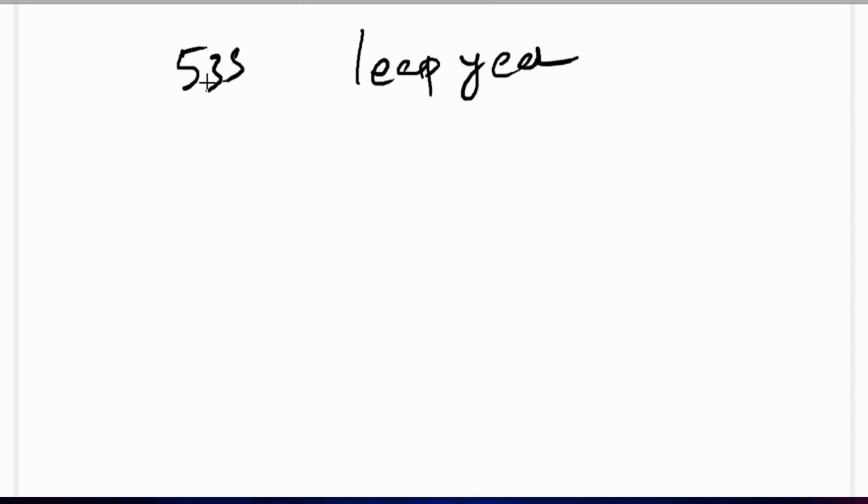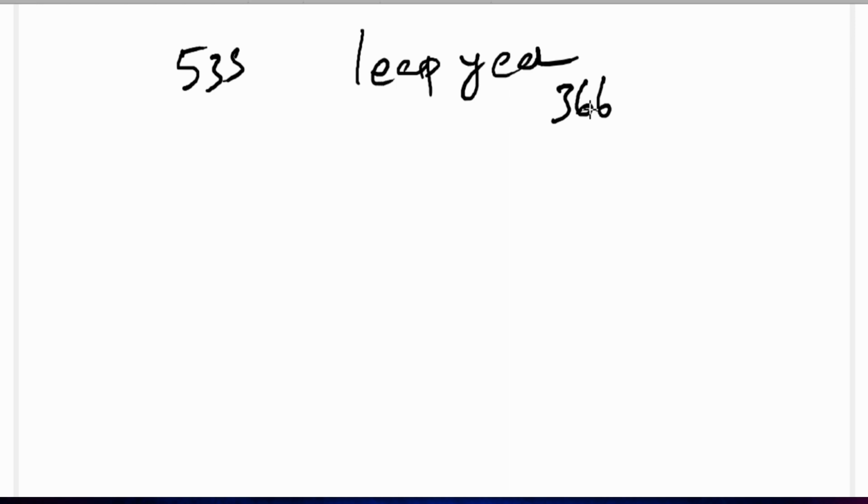A leap year has 366 days. Maybe you know the reason. The actual year is 365 and 1/4 days. Every 4 years, this 1/4 accumulates and becomes 1, so it becomes 366 days. That is the reason in a leap year, February has 29 days.